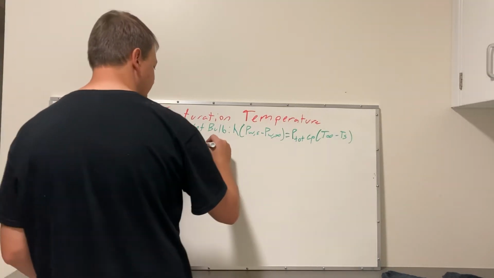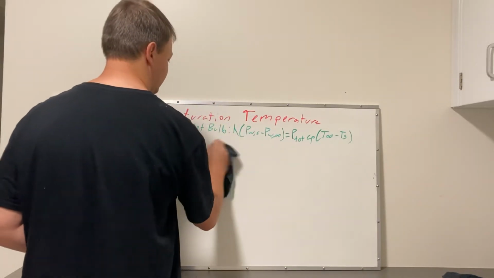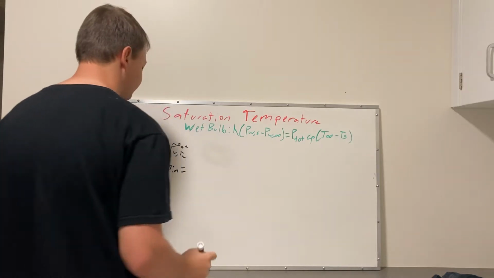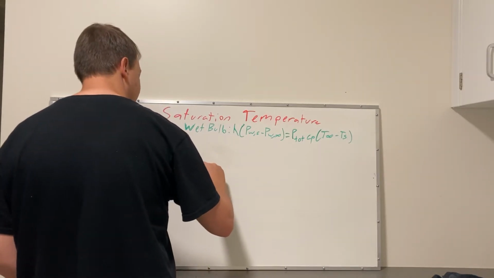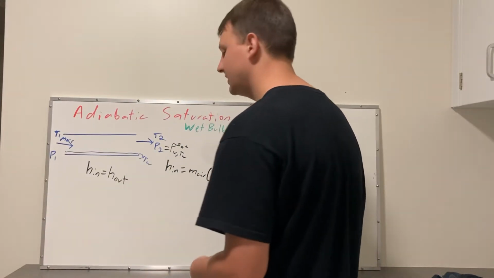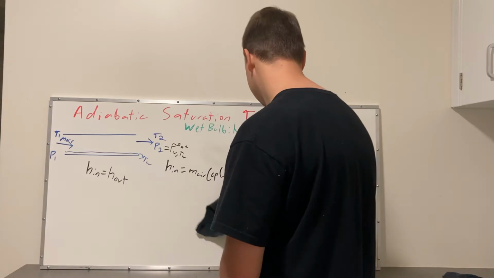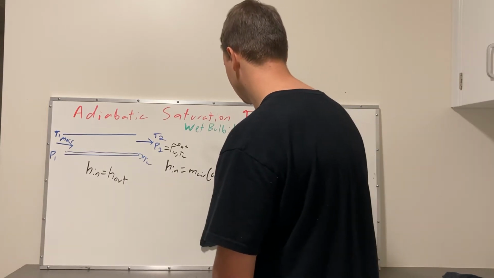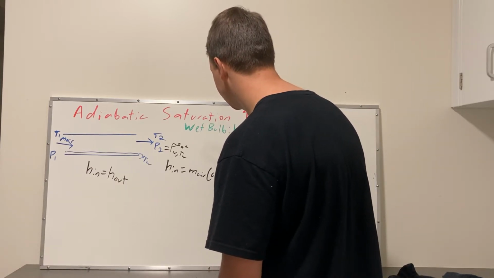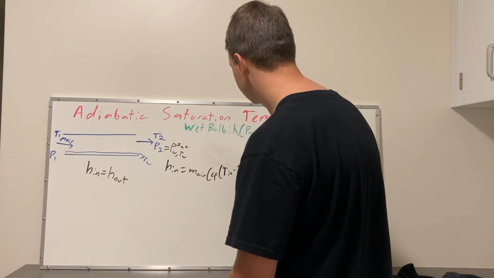So first, we're going to look at enthalpy in, which is equal to the mass flow rate of the air times the heat capacity, or the specific heat, times the temperature in minus the reference temperature, which is just 0.